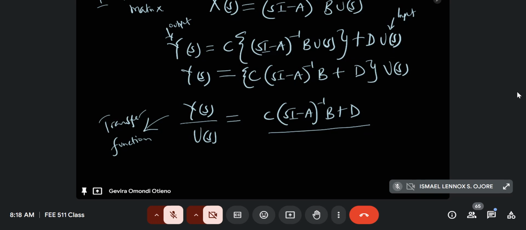Now, in your notes, you have an example. Remember, sometimes the questions that you're given could be either a 2x2 matrix or a 3x3 matrix. The idea here is usually to know how to obtain the inverse, because you can see that there's always an inverse. If you have a 3x3 matrix, you must know how to obtain its inverse.